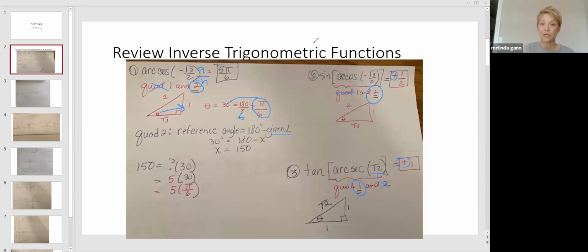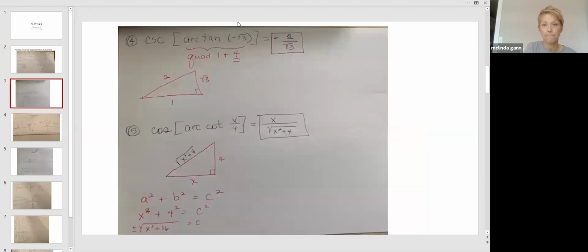So if it just has arc cosine or arc secant or something like that in front of a real number, you're going to get an angle answer. But when it has another trig word in front of all of that, I'm going to get a real number answer. All right, so let's get ready to move to the next slide with a couple more examples.